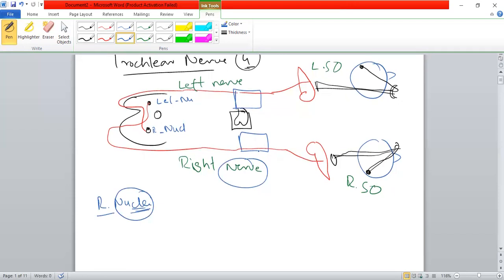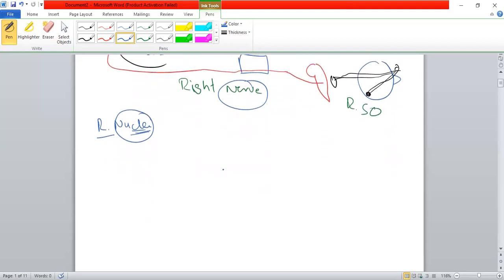Now the next problem is, let's come to the eyeball part. The eyeball part also has some confusion. So the first thing is that you have to make sure what kind of muscle action is associated with the superior oblique.